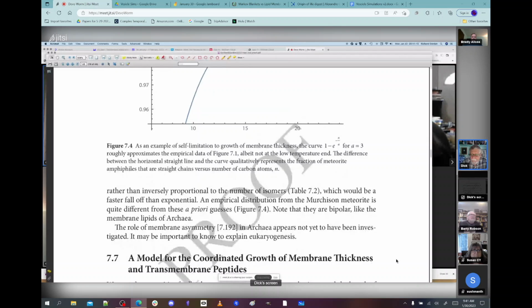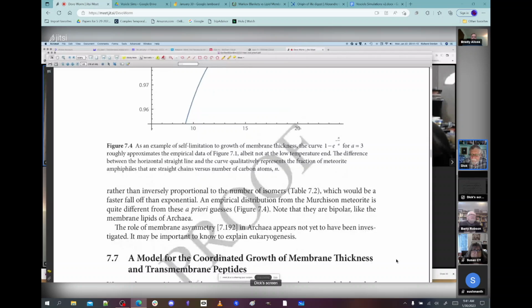So you get a positive feedback mechanism here, where the longer the peptide goes, the thicker the membrane becomes. And the thicker the membrane becomes, it can accommodate thicker peptides. Okay, so that's the positive feedback that's postulated here.